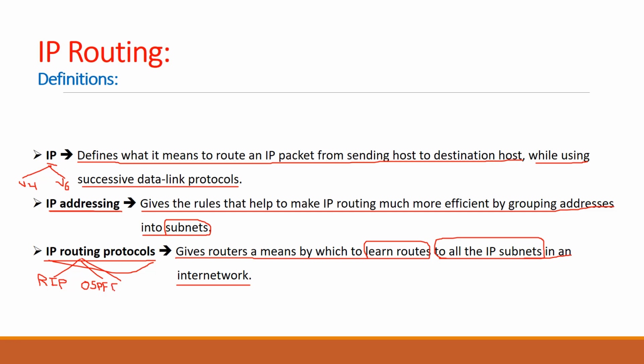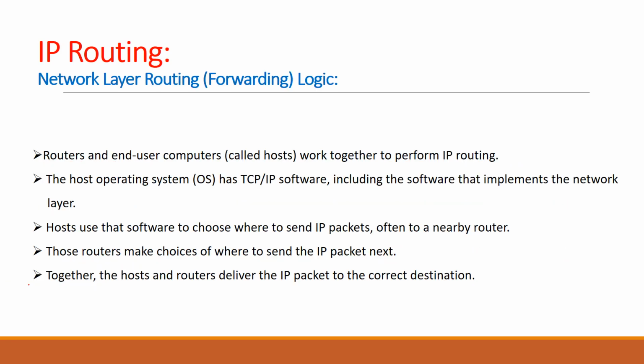So we also have EIGRP, we have IS-IS, intermediate system, and we have BGP as examples of the routing protocols.